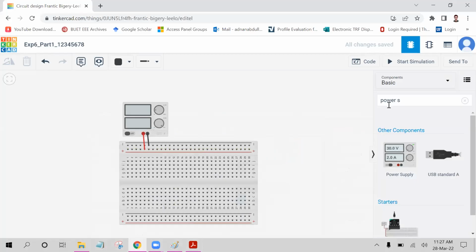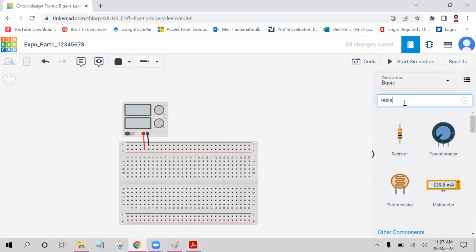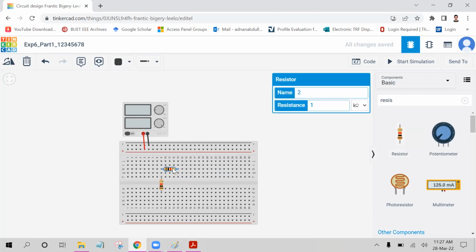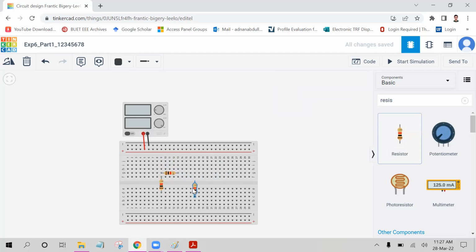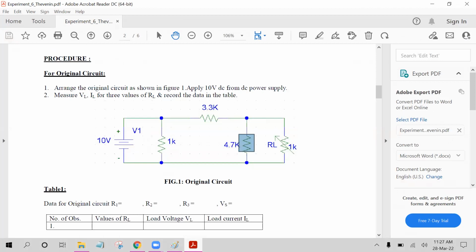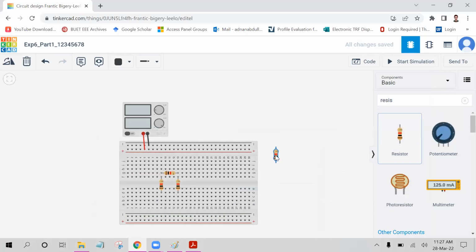Let me place these resistors. R1, R2, R3, and then we need another load resistor RL at this node.